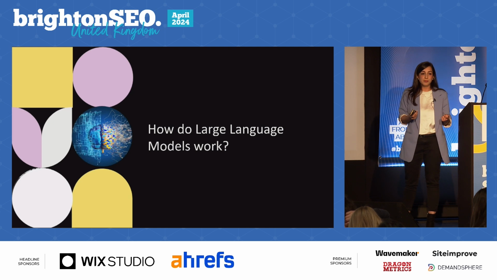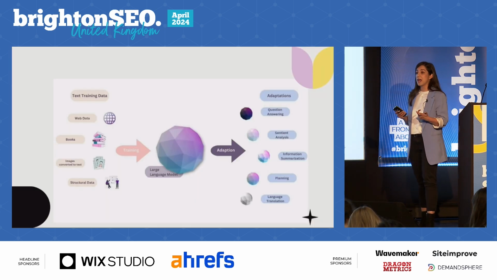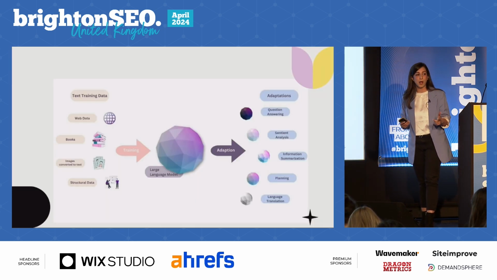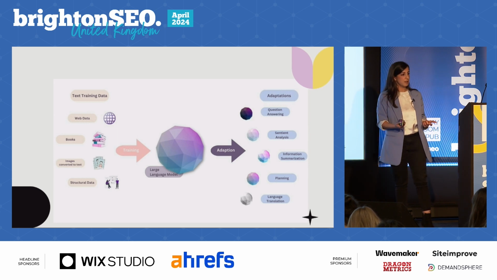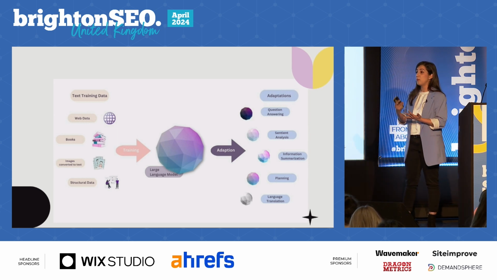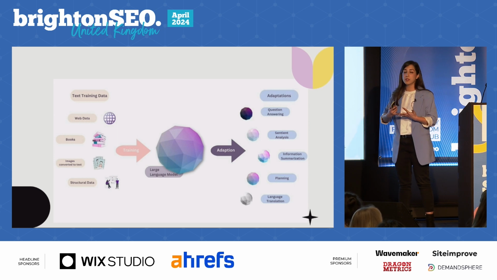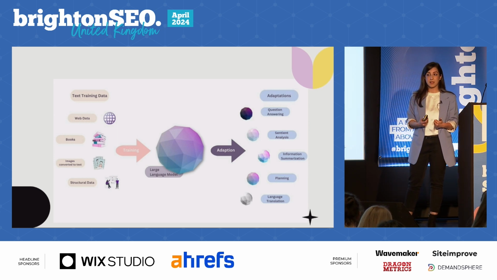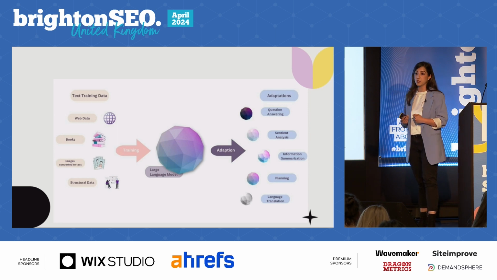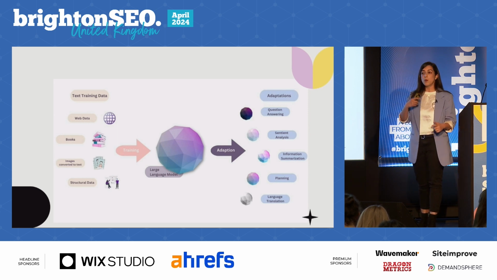But how do they work? Large language models are trained on a massive amount of text data from the internet. What kind of text data? There are websites, published articles, posts, reviews, everything they could find online as text on the internet is what large language models are trained on.